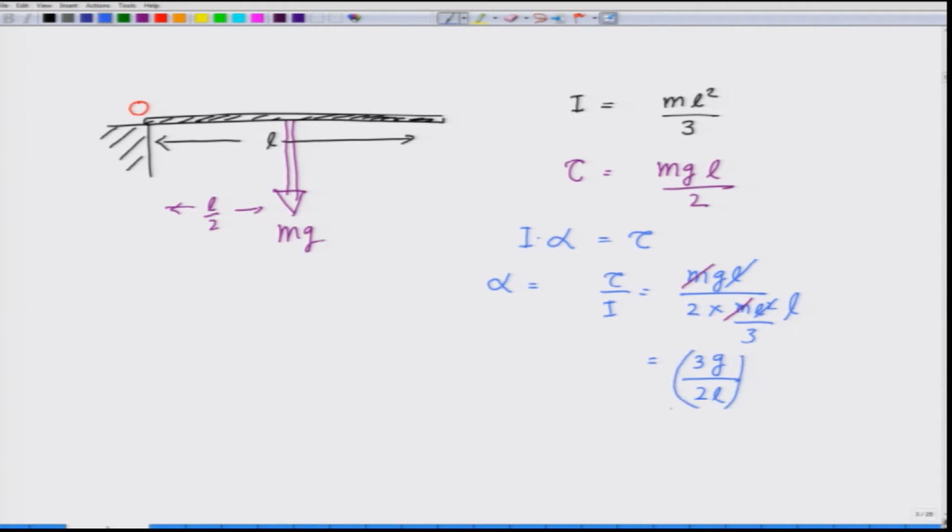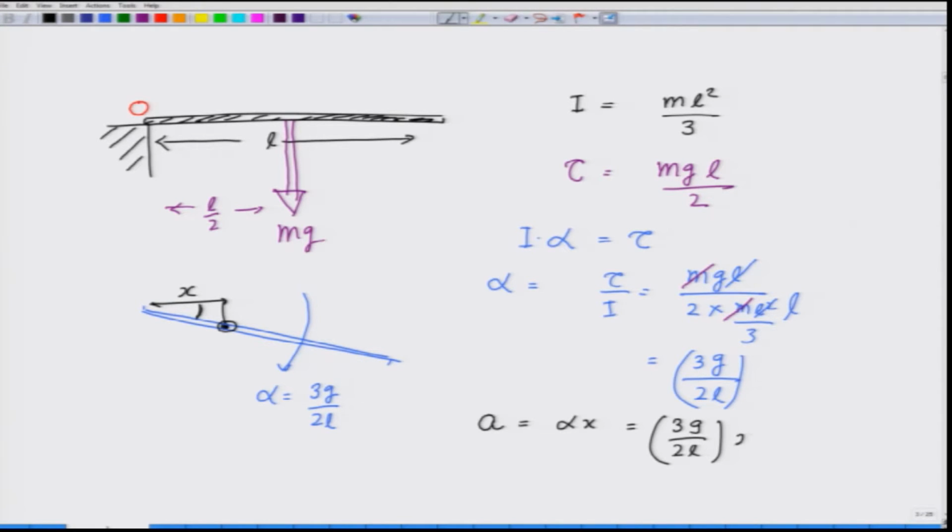So, this rod, when it starts coming down, is coming down with an angular acceleration alpha equal to 3g over 2L. Therefore, at any point at a distance x, at the beginning, when I can take this angle to be small, the linear acceleration of that point is going to be alpha times x, which is 3g over 2L times x.